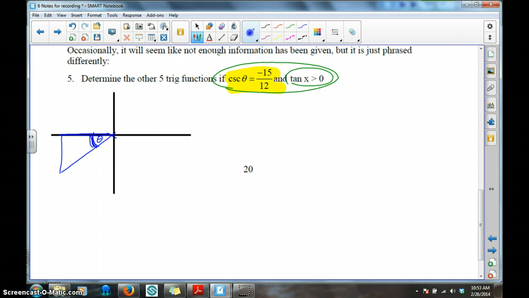Still good? Now that I've chosen one of the 4 triangles, I want to actually label this piece of information. Now your brain is used to 3 trig functions, and that's not one of them. So since you have to find all 5 trig functions, I would start by finding this one, which you don't even need a picture for. What will the sine of that same angle be? 12 over negative 15.